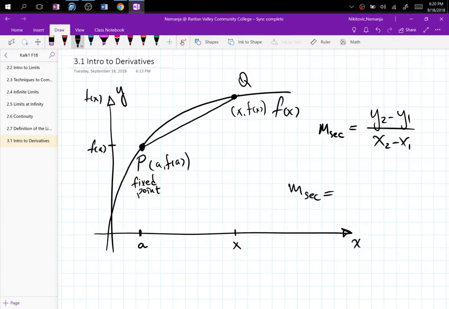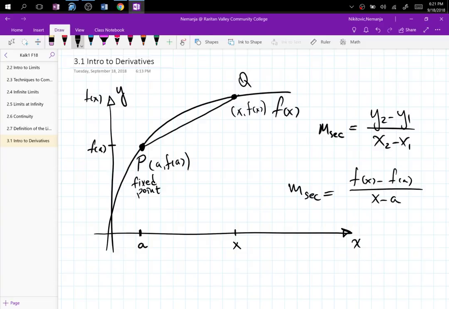So I will have f of x minus f of a divided by x minus a. So this is technically a pre-calculus way to write the same algebra formula, because now we are involving functions rather than just coordinates. So we improved, right?